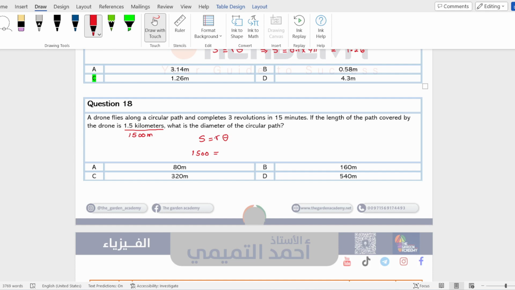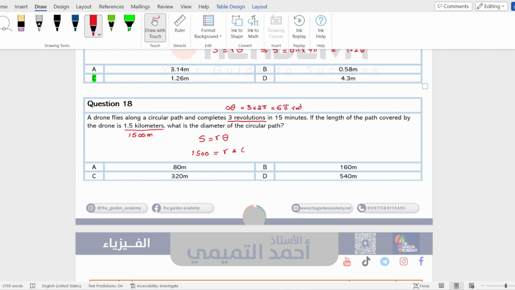Now R is unknown. We want to find the diameter, so first we find R, then we multiply it by 2. Here it says 3 revolutions. That means theta is equal to 3 times 2 pi, which is equal to 6 pi radians. So again, always remember that in this equation theta must be in radians, otherwise the answer will be wrong.